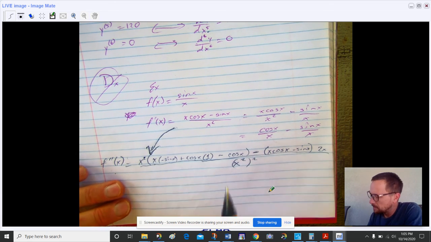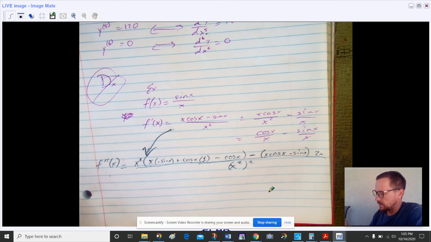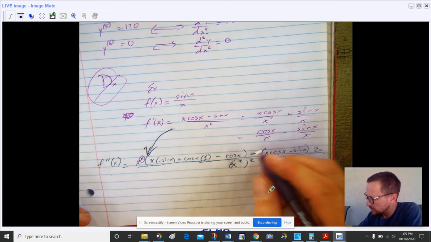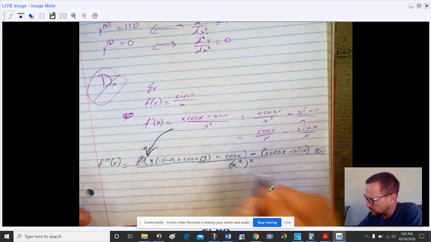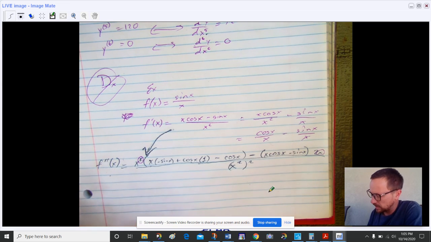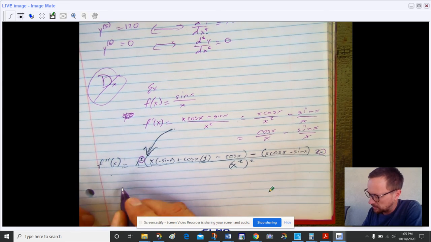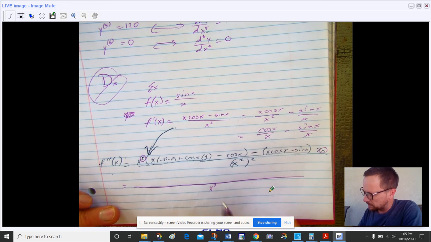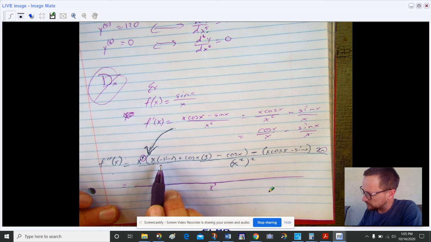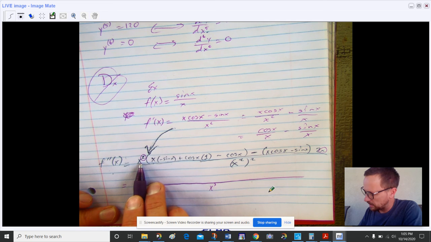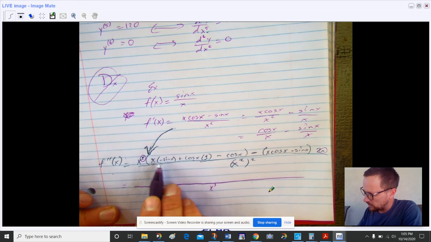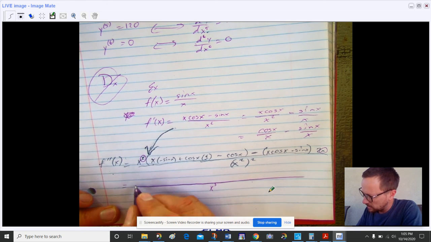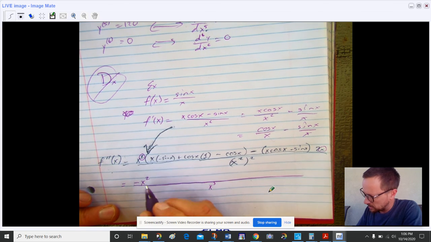If you take a look, we got 2 of those, and we got 1 of those, and we have 4 of these. So we can actually reduce that down a little bit, and we're going to end up with x cubed on the bottom. Now we can distribute, so we have negative x squared sine of x, because x times x is x squared.